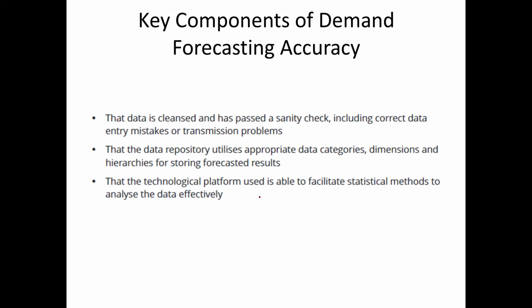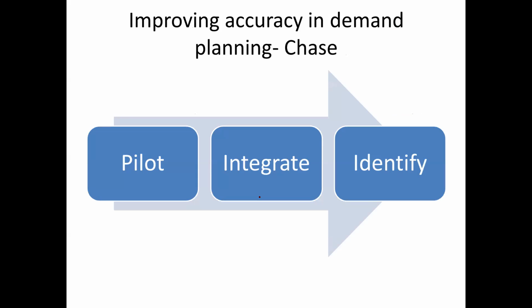The study guide suggests we clean the data, that we use appropriate categories and dimensions, and that the technical platform used is able to do statistical methods, else it wouldn't be much use, would it? So that's 3 from the study guide, and then they talk about pilot, integrate, and identify.